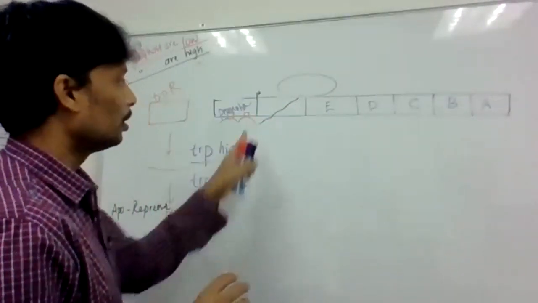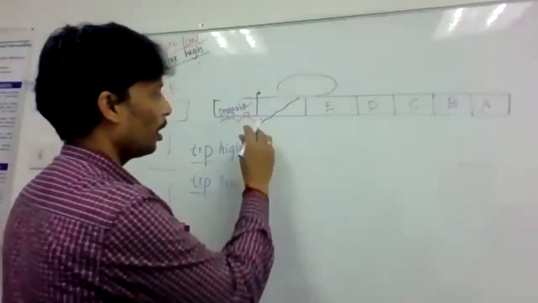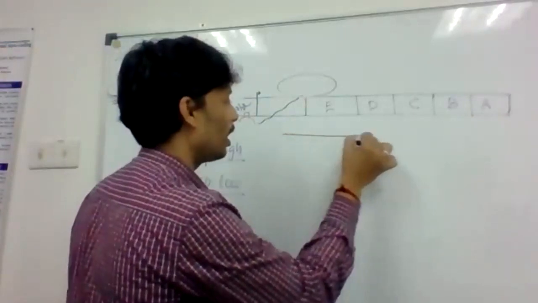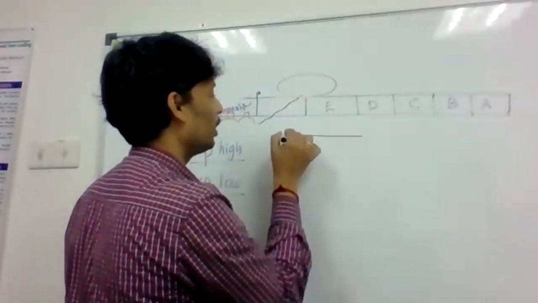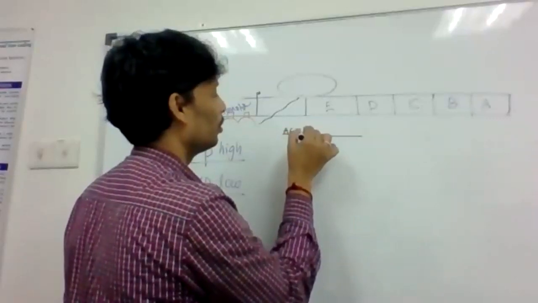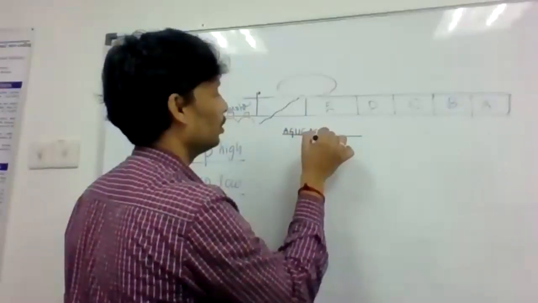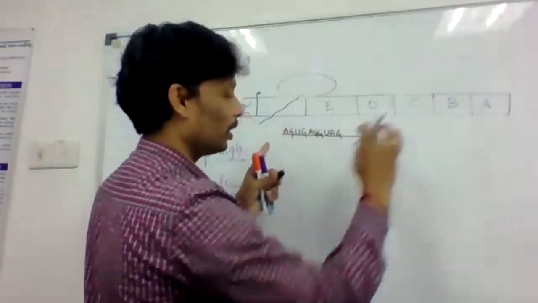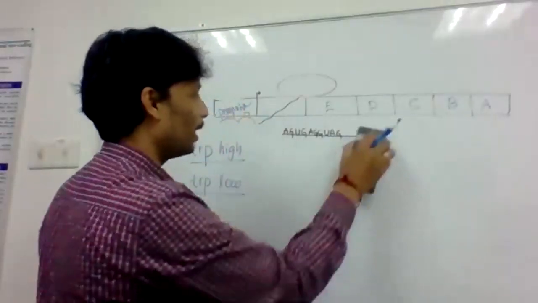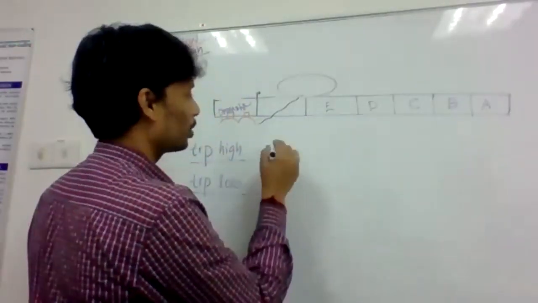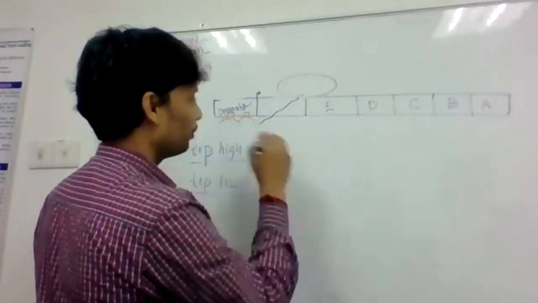So this RNA, as I mentioned to you, will not be present as just linear RNA. It will be present as a secondary structure.